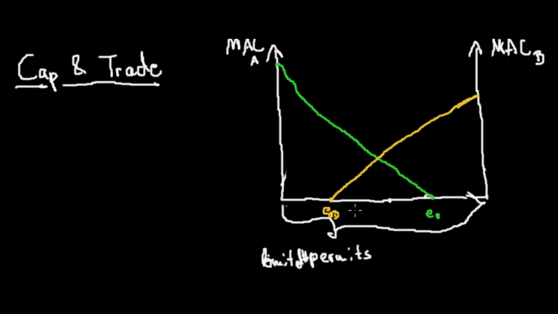Actually, the debate on whether you should allocate the emissions or auction them from the beginning is a very important debate when we talk about the fine details of emission trading, but conceptually they both lead in the end to the efficient outcome, which is going to be here: E star 1 at a price level per permit of P star 1.